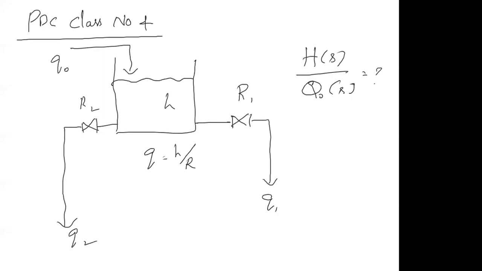So what is the transfer function of this tank? The model that you will get is Q0 minus H by R1 minus H by R2 is equal to A into dH by dt.